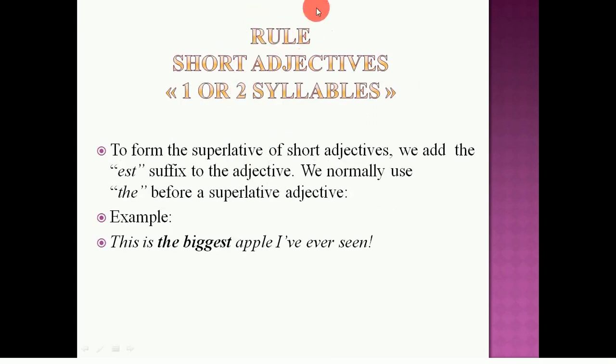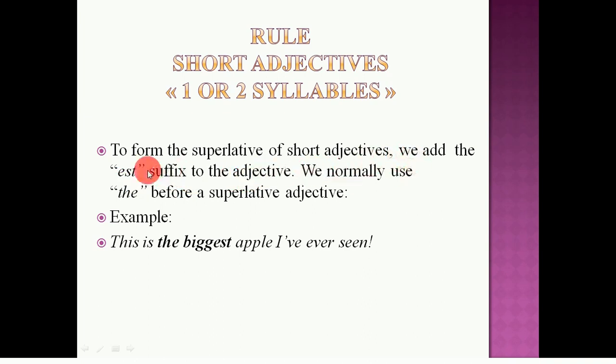دركا نروحوا rule number 1. القاعدة الأولى كيفاش نديروا how to form superlative form of short adjectives اللي هما فيهم one or two syllables. اوكي to form the superlative of short adjectives وش نديروا؟ We add the suffix est to the adjective.